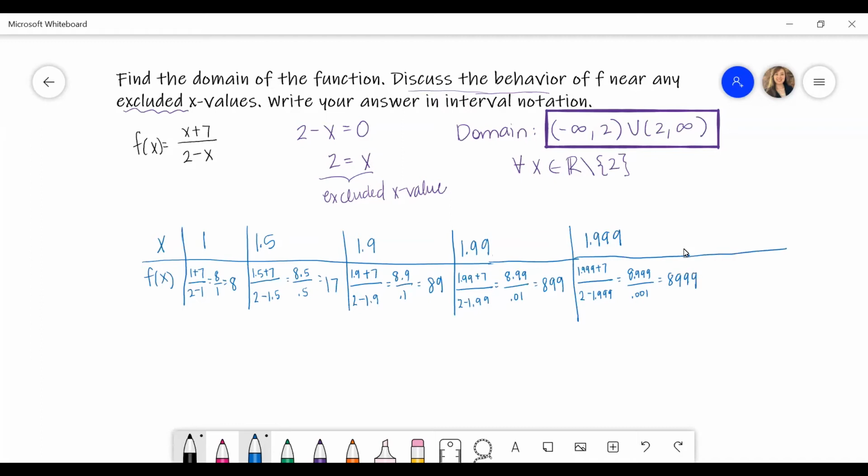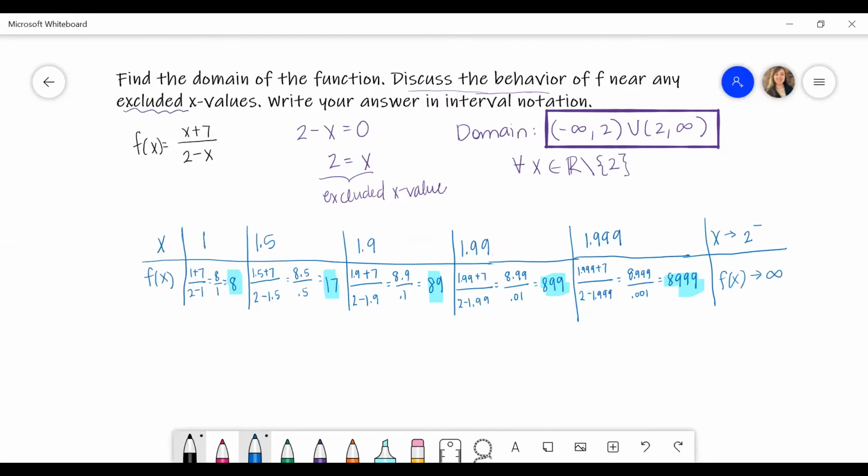So what happens as x approaches 2 from the left? Well, I would argue that f of x, those values are increasing, and they're increasing pretty drastically, right? So we have f of x approaches infinity.